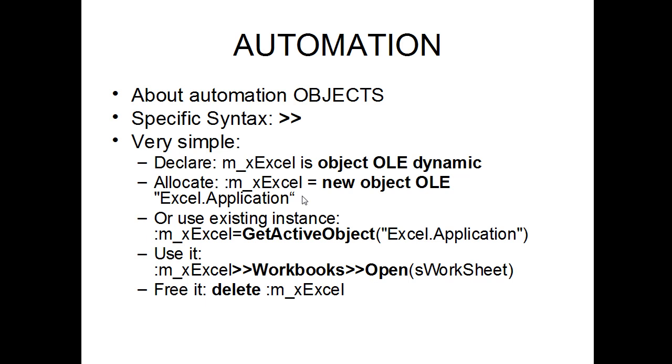And that's all there is to know about the automation syntax. As you can see, there's nothing really frightening, as all that stands on one small page. That's all you need in order to be able to use any type of OLE server available on the market.